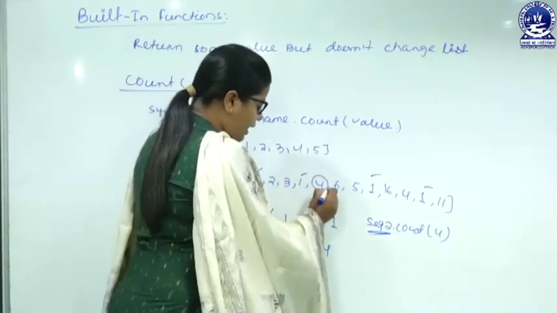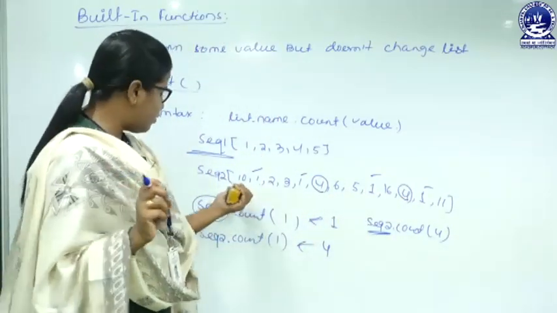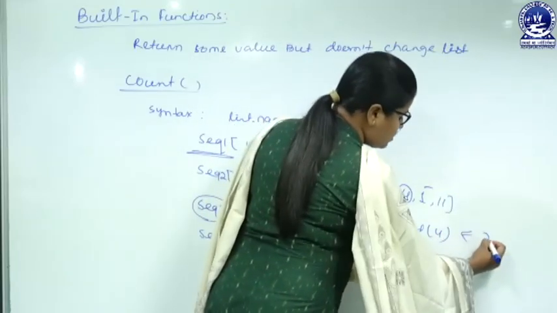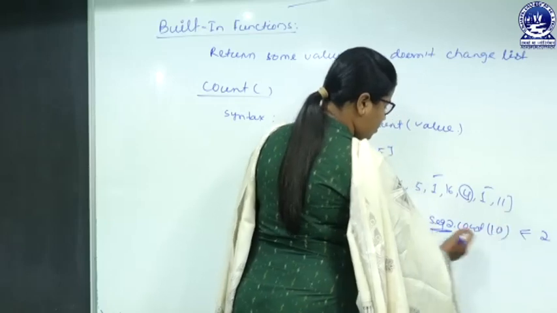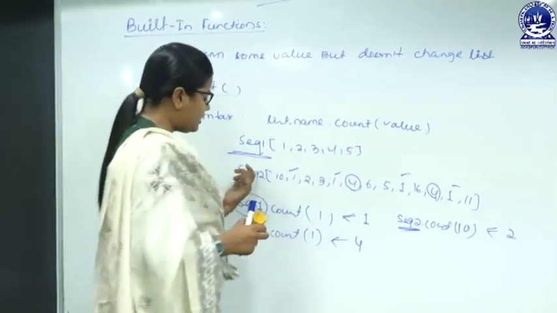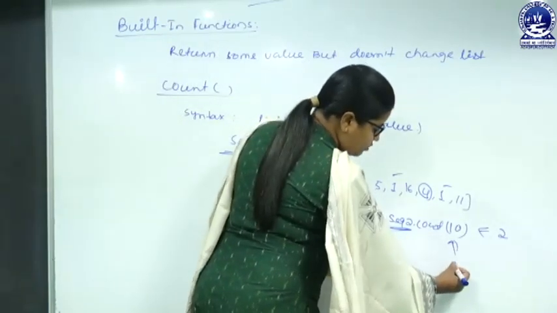Here is the 4 and here is the 4. So 4 occurs 2 times in sequence 2, so this will return 2. Suppose here I change the value to 10. How many times does 10 occur in sequence 2? That is only 1. So this will return 1.